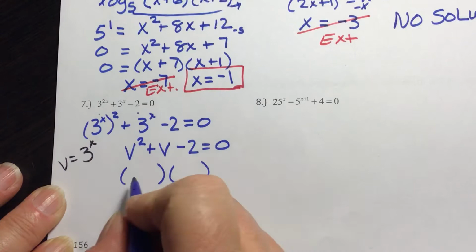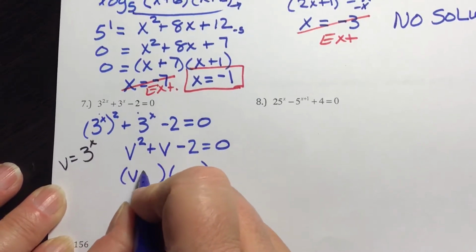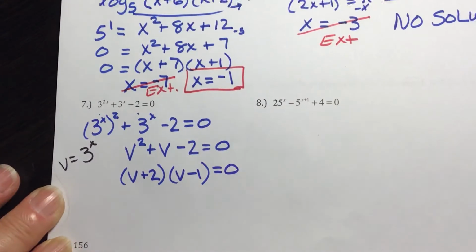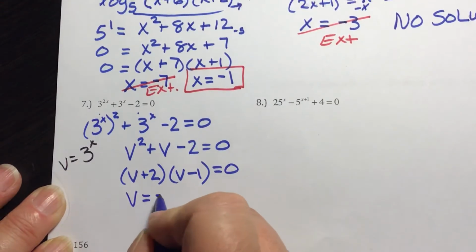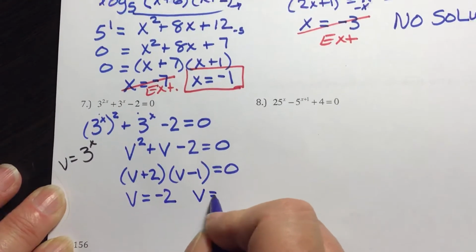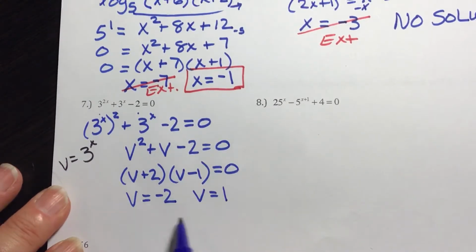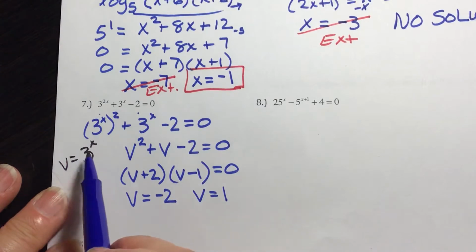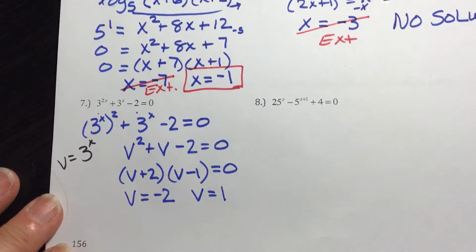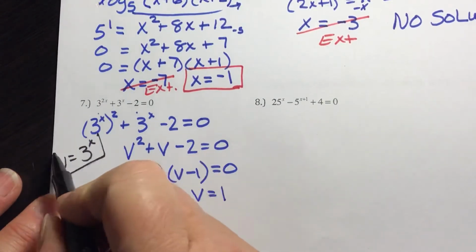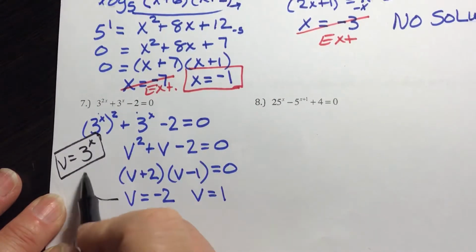I'll factor that, and I have v plus 2 and v minus 1 is 0. So v is negative 2 and v is 1. These are my solutions for v, but I need to find out what x is. So I'm going to plug v back into how we substituted in there.